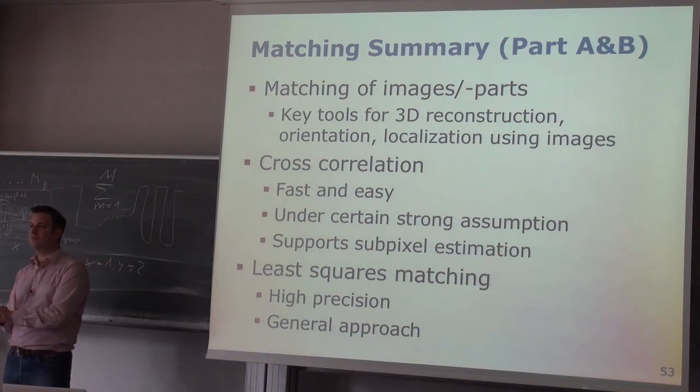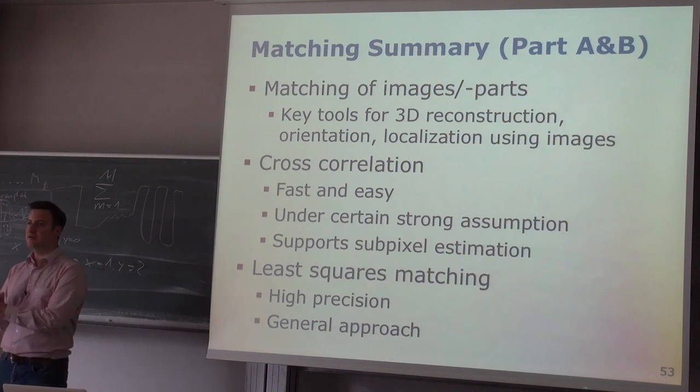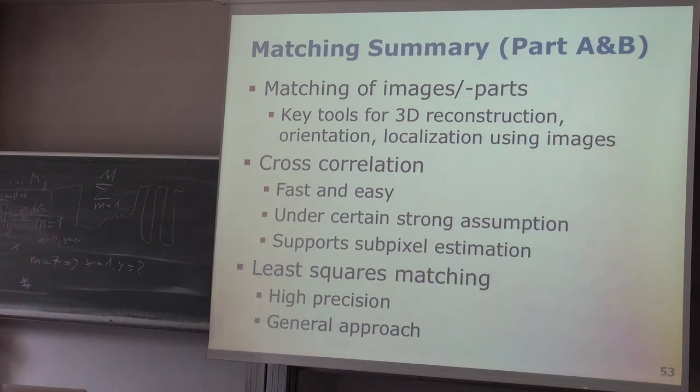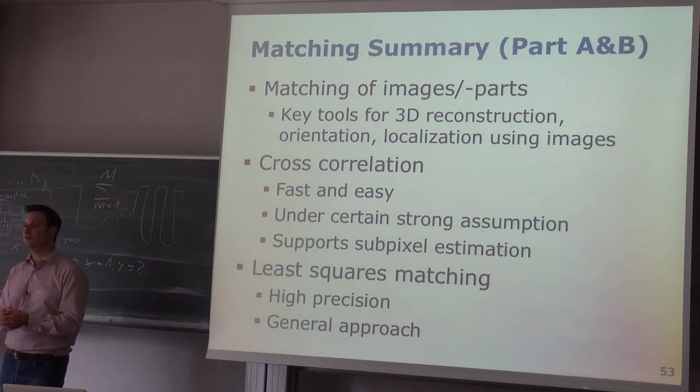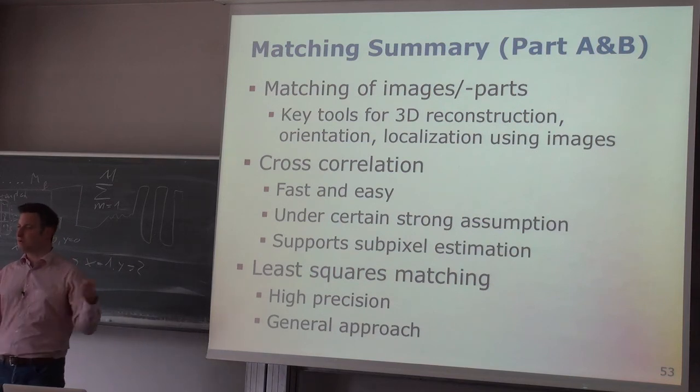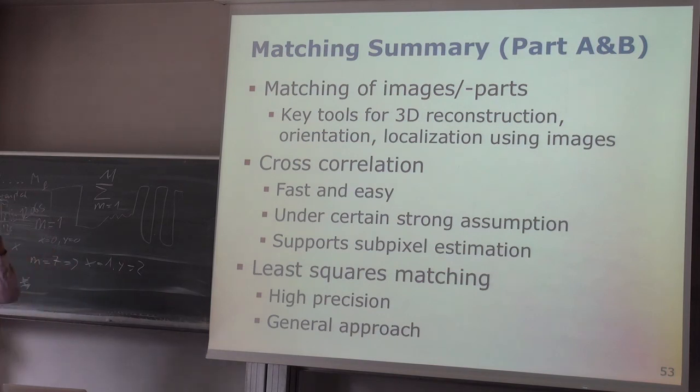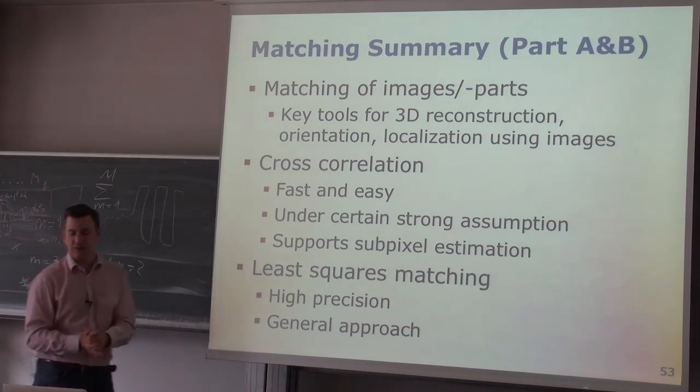So in order to estimate the 3D shape of an object or the 3D location of points in the scene, we need to have correspondences between images. We will also use this to estimate from which location two camera images have been taken. So what's the relative transformation between the location where camera number 1 took an image and the second camera took an image of the same scene? By knowing correspondences, we can actually compute that.